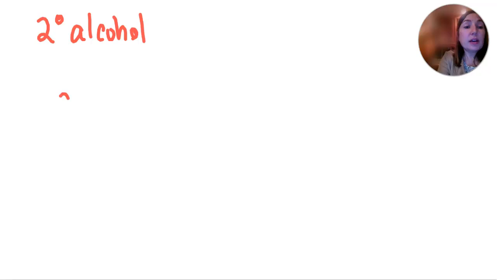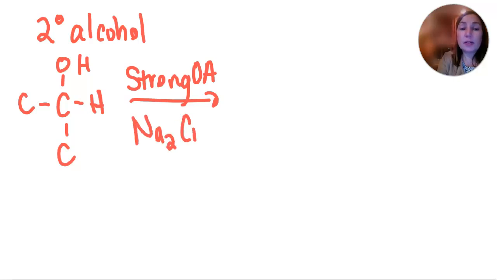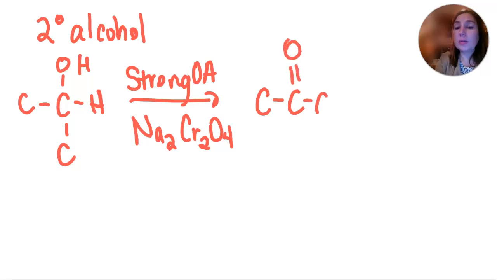Then, to wrap up our review, we also saw what happened to secondary alcohols. If you had a carbon bonded to an OH and bonded to two other carbons and one hydrogen, and you took your strong oxidizing agent, let's say a dichromate like Na2Cr2O7, you're going to oxidize that secondary alcohol to a ketone.